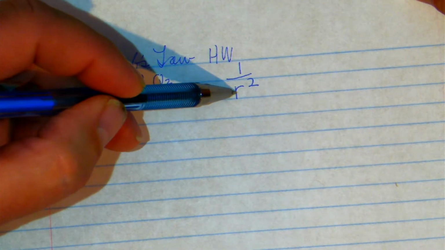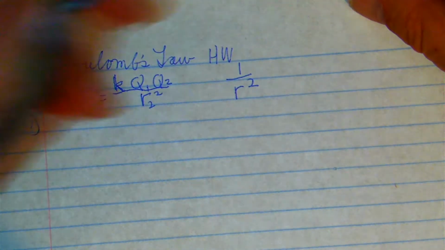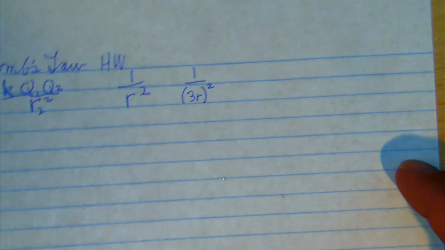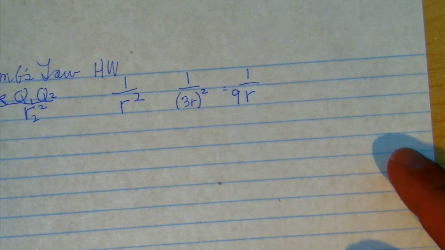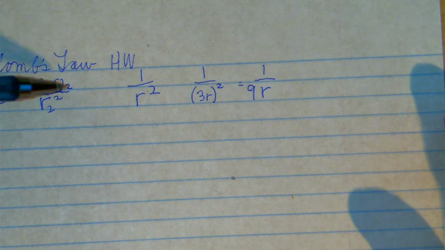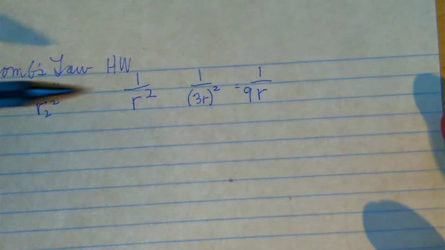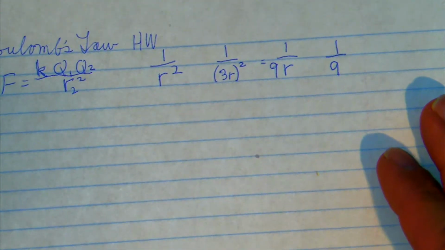So if I replace the original unknown distance r, whatever it is, 1 meter, 1 centimeter, 1 kilometer, doesn't matter, if I replace that with 3 times the distance inside parentheses and then square it, what I get is 1 divided by 3 squared, which is 9, times the original distance, whatever it was. And so to answer the question, what happens to the force between two charges if the distance between them is tripled? The answer is it becomes 1/9 as strong as the original force, whatever value that might have been.